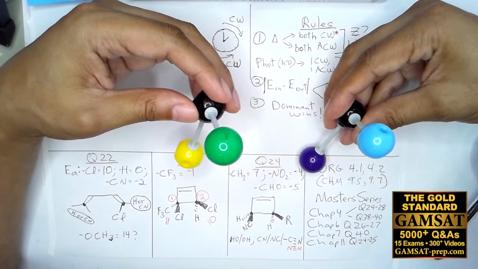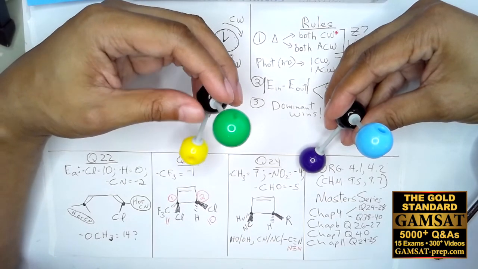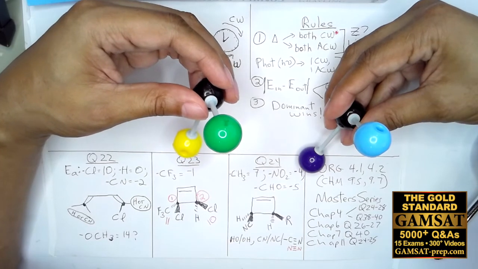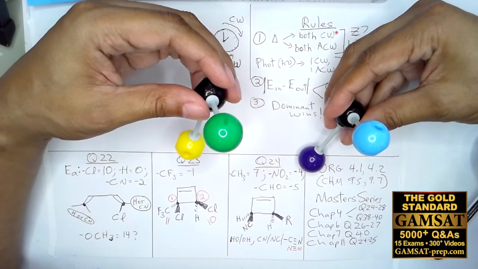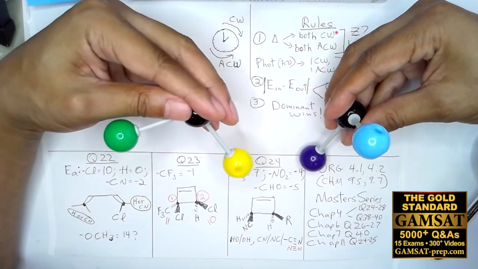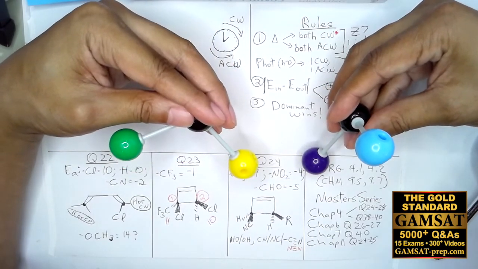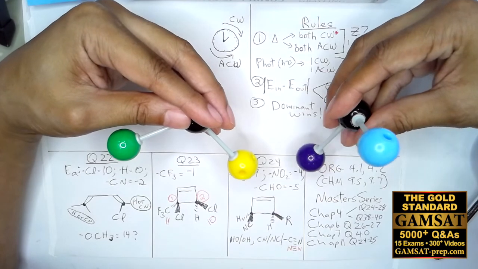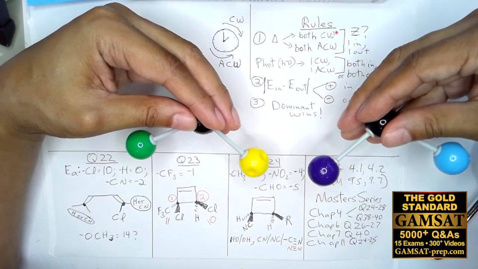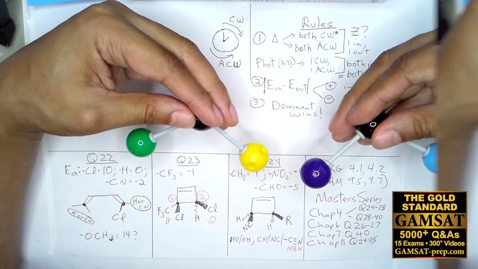But let's say the cyano group is green, and it being minus 2, which is a greater magnitude than minus 1, it is driven to go out. And because it's photochemically, CF3 must move out also, because in our rule, both in or both out.